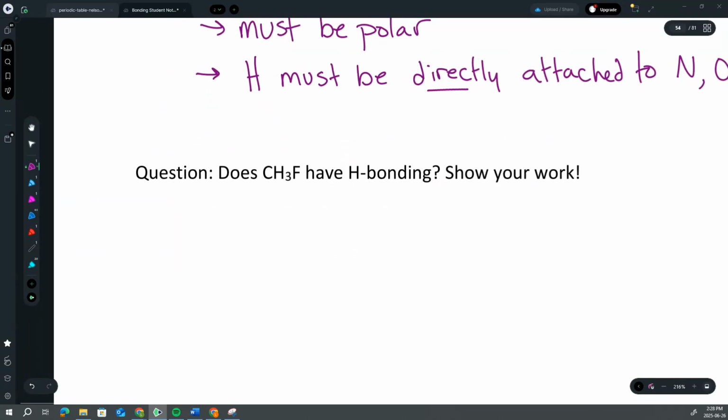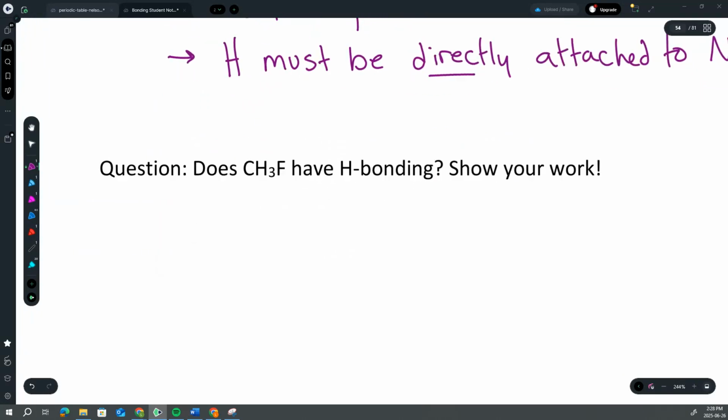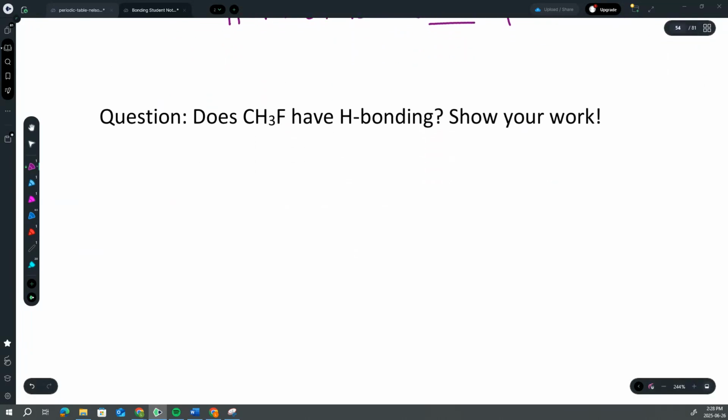Okay, so for example, does CH3F have hydrogen bonding? Show your work. So let's just first start with the Lewis dot diagram, which is also known as an electron dot diagram, and move on to the structural diagram.